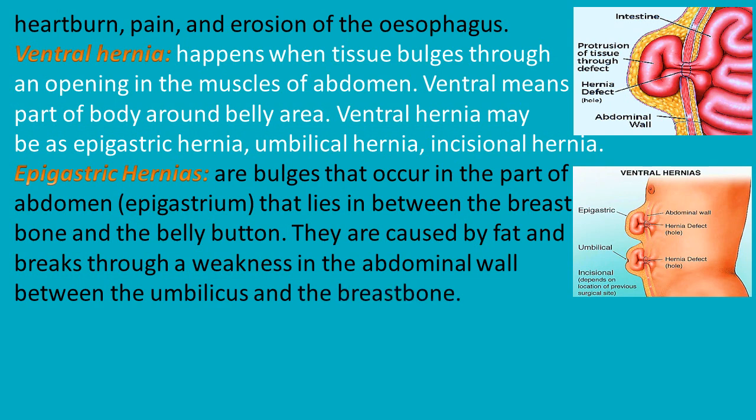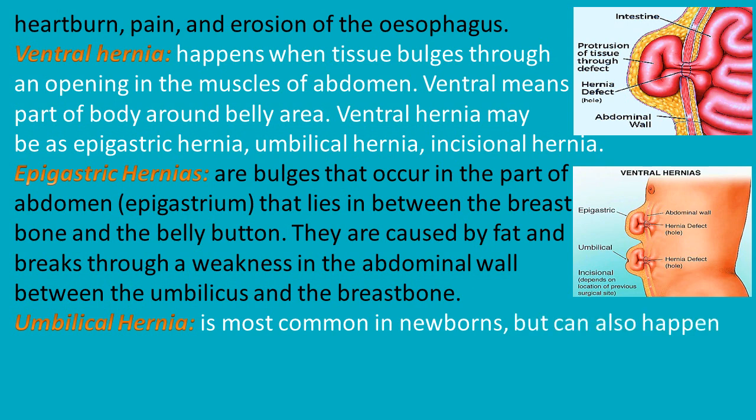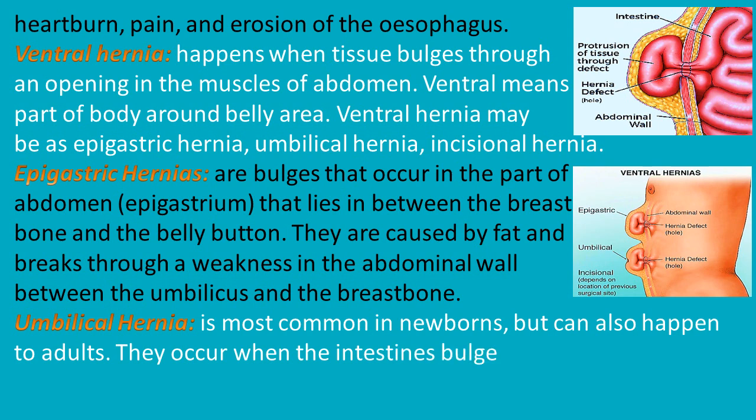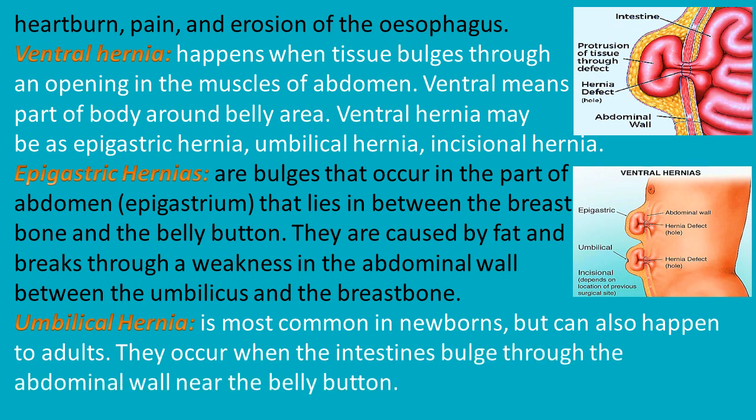and the breastbone. Umbilical hernia is most common in newborns, but can also happen to adults. They occur when the intestines bulge through the abdominal wall near the belly button. These hernias may appear just after birth and may resolve after a couple of years.